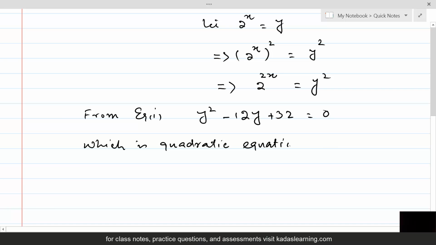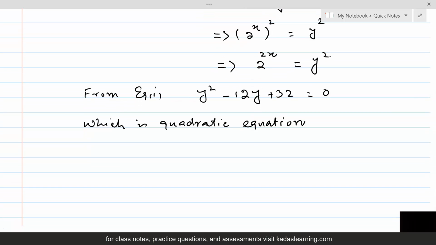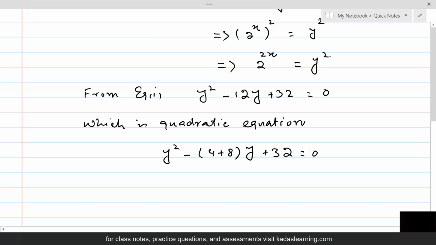And I believe that you are expert in solving quadratic equations by now. So here AC is 32. If we want to use the factorization method, then this would become y square minus 4 plus 8 y plus 32 equal to 0.